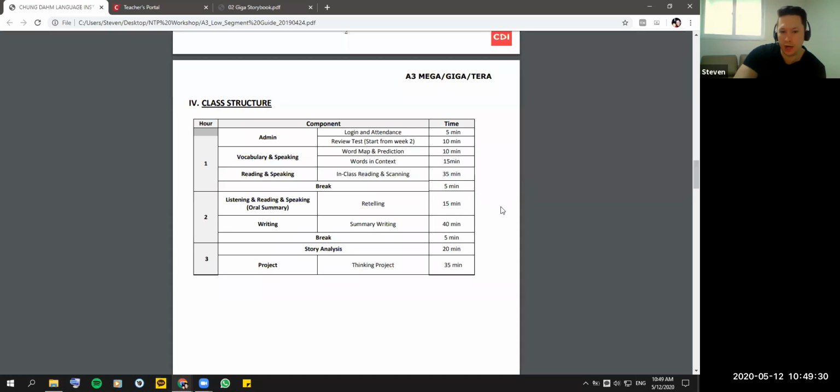There have been times where I have chosen to cut short some of these other components at the end, like the analysis or the project, covering the concepts, but sometimes I've run over with the summary writing part, ensuring that they really understand what's going on in the passages before a project. You always want to do the project, but if they don't understand the readings every week and you're still doing the project, that's a serious issue, I think. So making sure that they can summarize what's going on in the reading is really important.